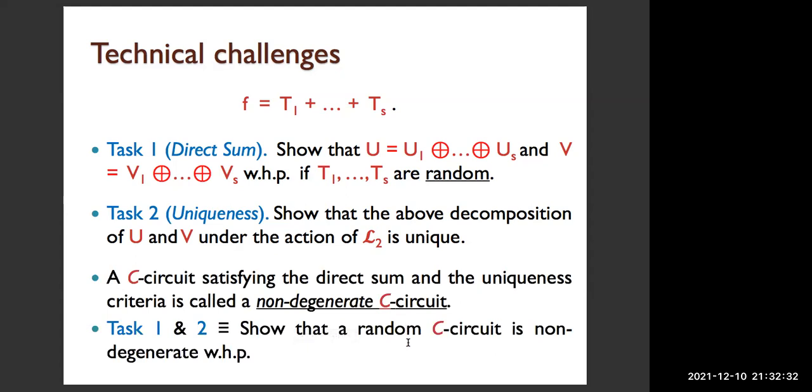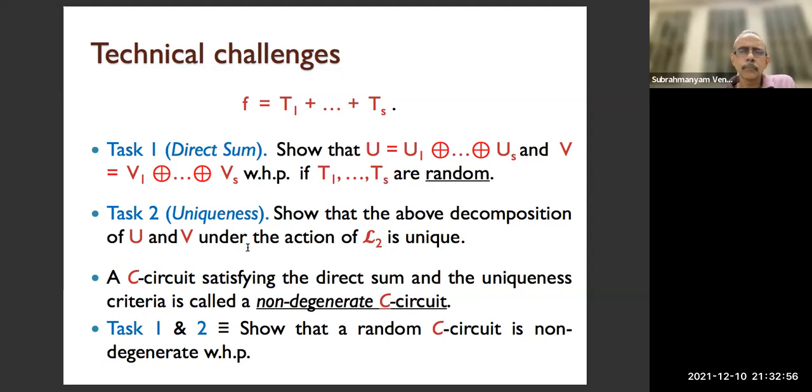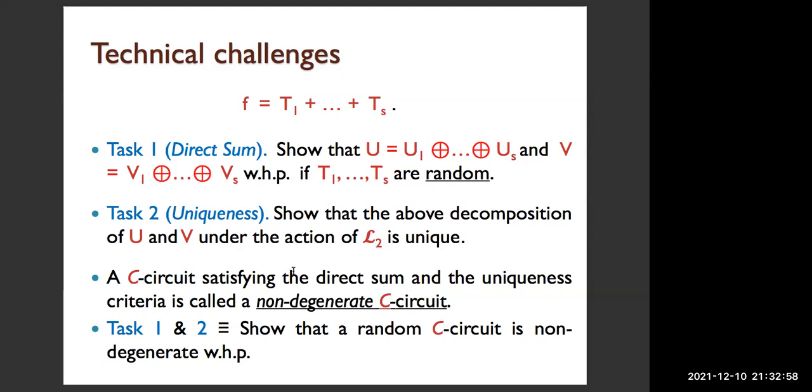And just to summarize, task 1 and task 2 are basically showing that a random circuit, by which I mean the terms are chosen randomly, and you can always keep the depth 3 powering circuit in mind, where the coefficients of the linear forms are chosen randomly, satisfies the direct sum and uniqueness criteria with high probability. And if they do, then I'm going to call them non-degenerate depth 3 powering circuits.